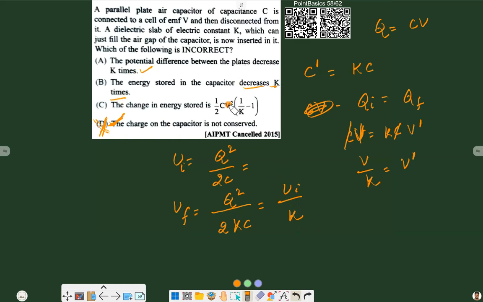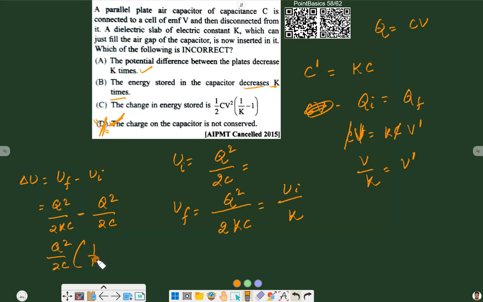And we have to find the change in energy, which we can find easily. Delta U will be U final minus U initial. It will be Q square by 2KC minus Q square by 2C, and we can take Q square by 2C common.